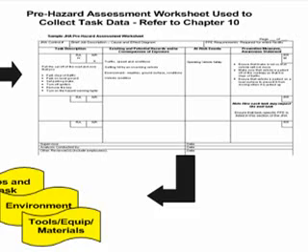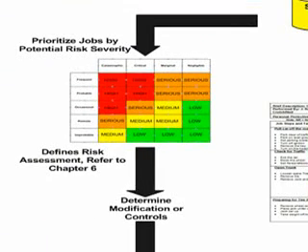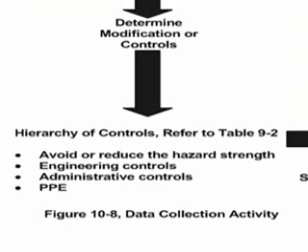The next phase is to prioritize the jobs and the elements of the jobs by their potential risk severity. When that's completed, we determine the modifications or controls using the hierarchy of controls.